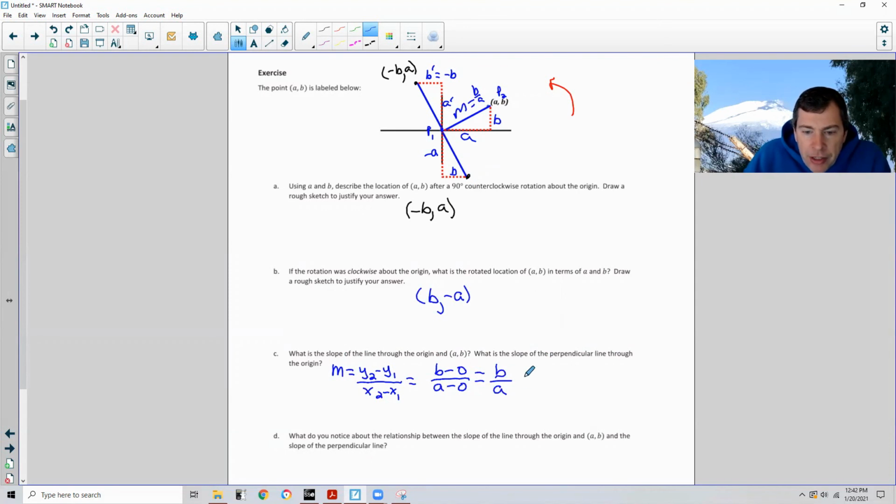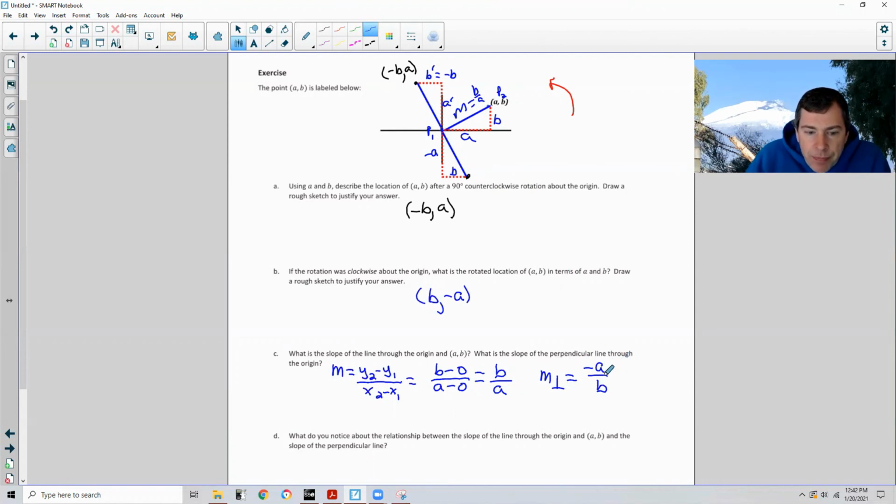So remember, the slope of the perpendicular equals the negative reciprocal of this. So the slope of this line would be negative A over B. So we're going down a distance of A over a distance of B.